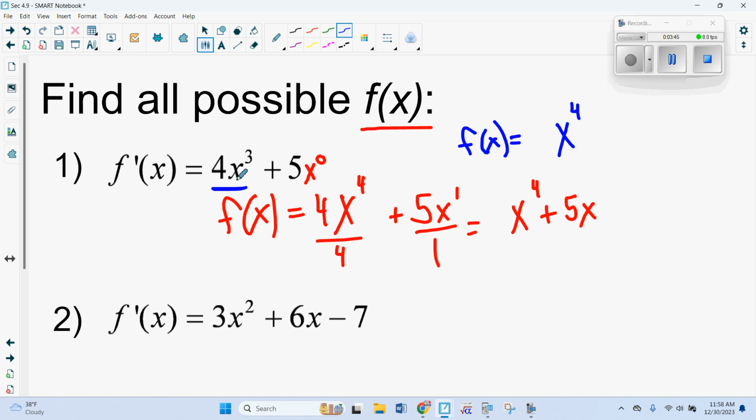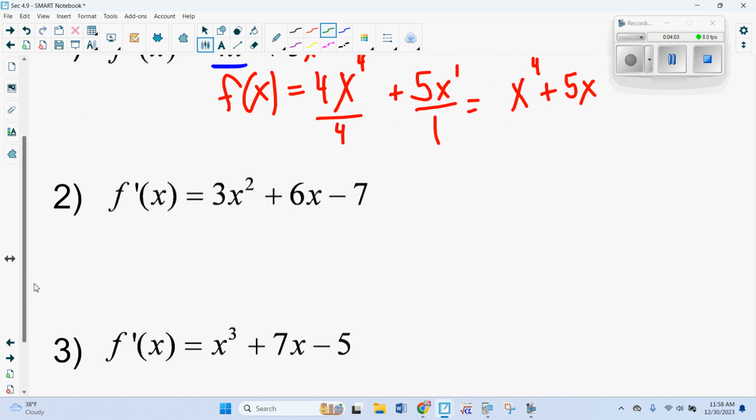So that would be 4x cubed. Well, I know if I bring down the 4 and subtract 1, I get 4x cubed, so there's my answer. And if I have just 5, I know I need 5x. So this is not so much following a rule. This is kind of you just work out what you need.